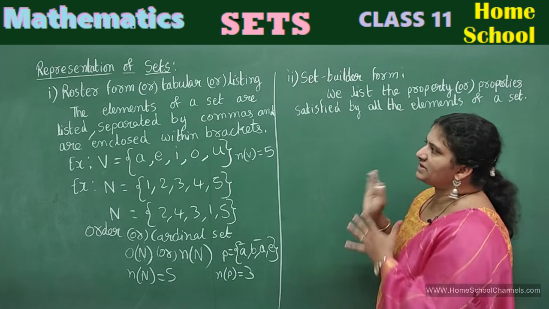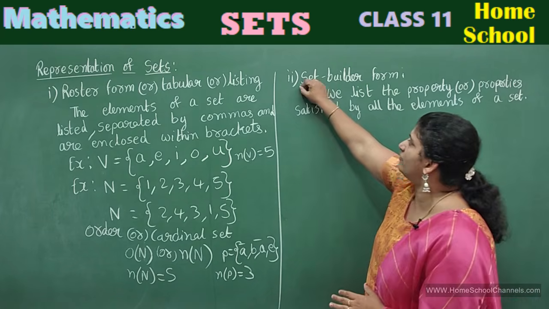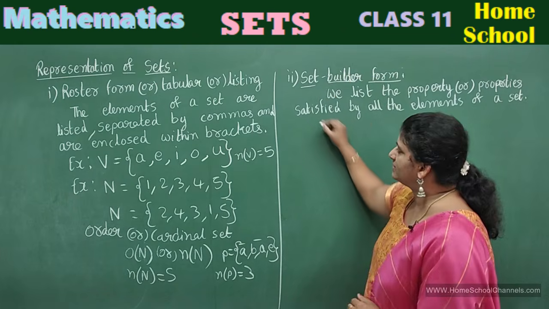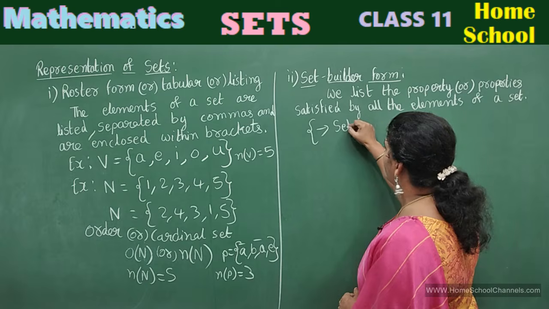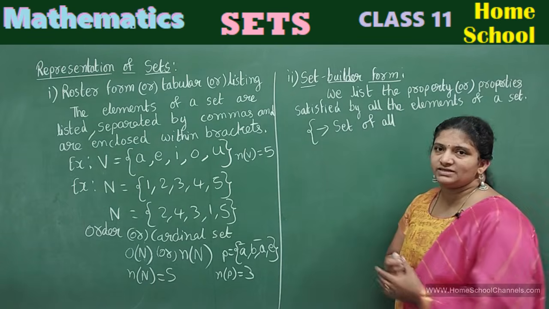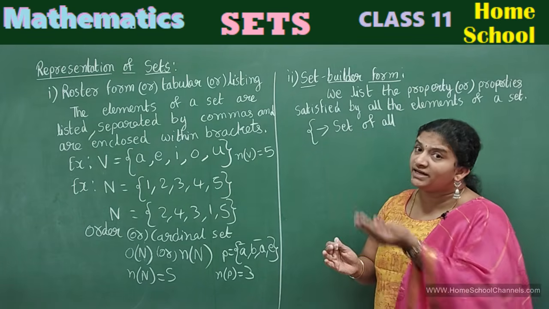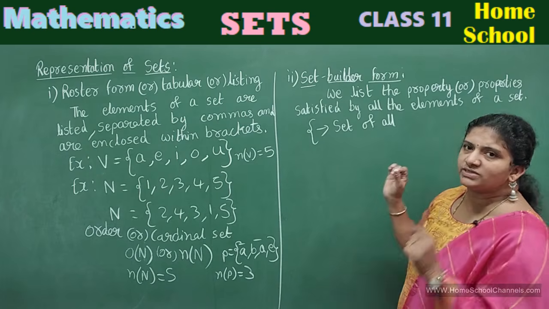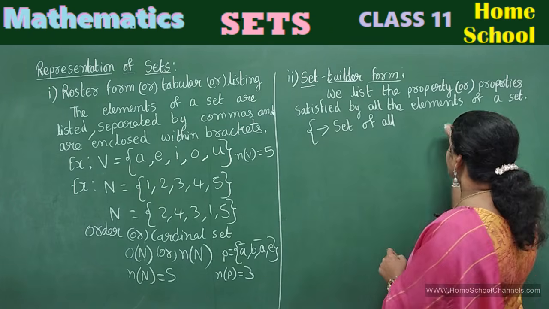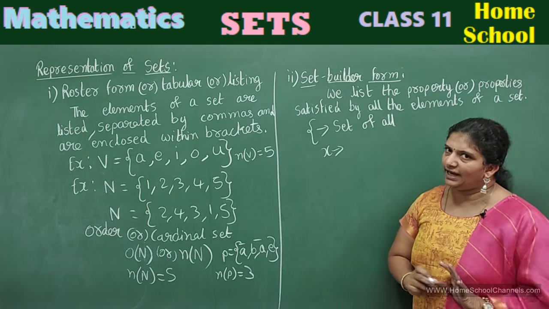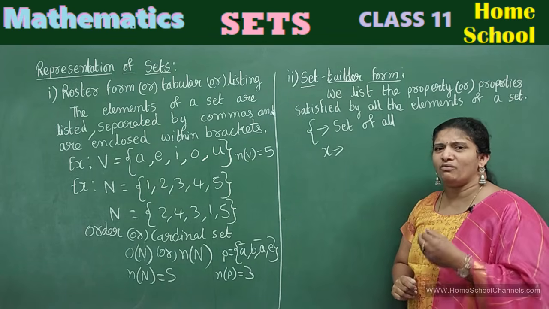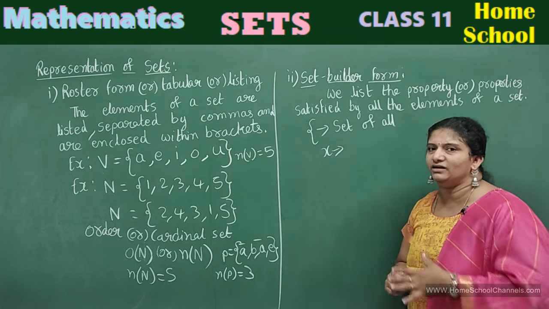See here, before representing any set in this form, we need to know some points. The bracket says that it is the set of all. Here in this, we describe the elements of a set by using any letter. We describe any elements of a set by using a letter x, or y or p or any letter.